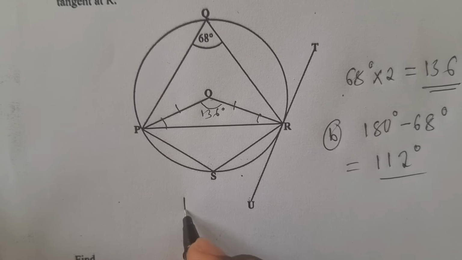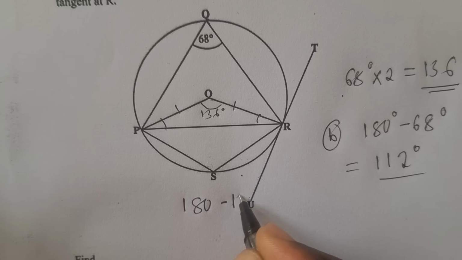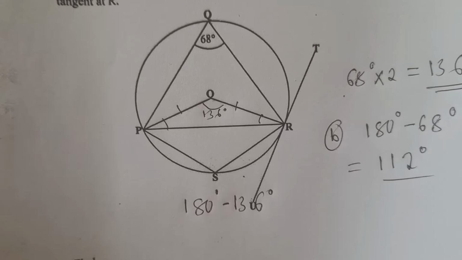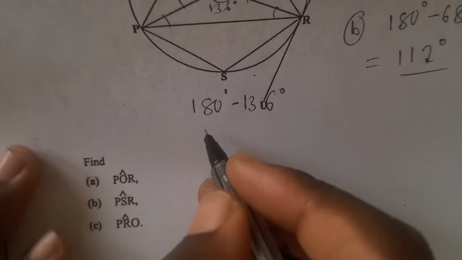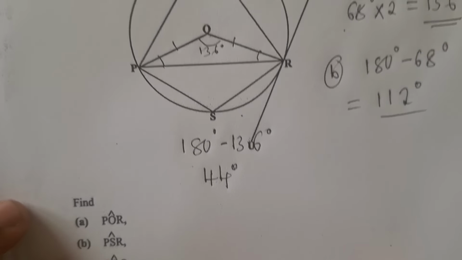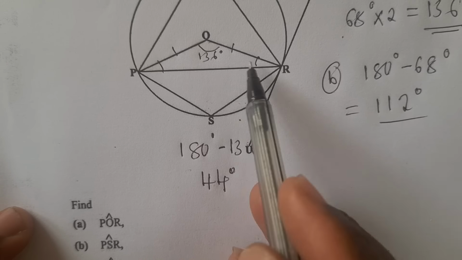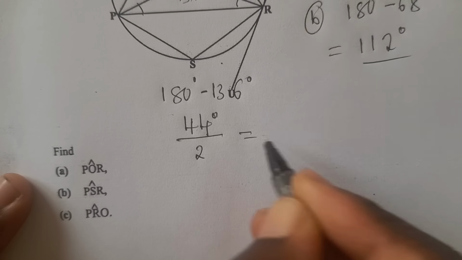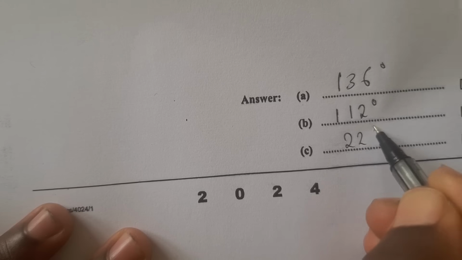So we can say 180 minus 136 degrees. When we subtract there, we're going to get a 44, meaning 44 degrees is the sum of these two angles. So for us to find our answer, we shall divide by 2, and this will give us 22 degrees. So the angle here is 22 degrees.